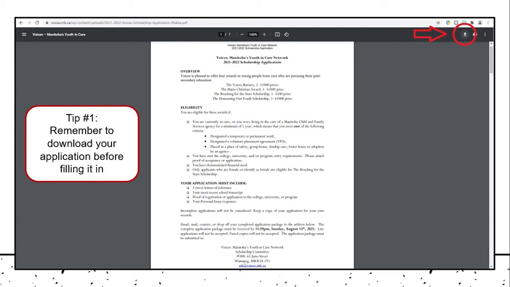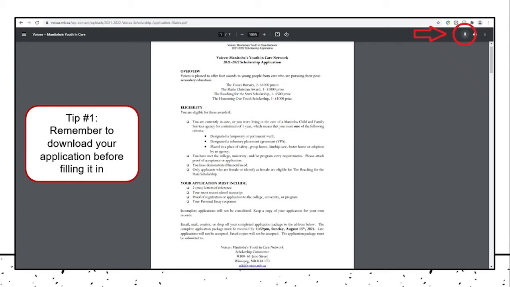With those different bursary and scholarship applications, sometimes they are fillable through the website. Sometimes they are a downloadable PDF that you need to fill in and submit. Specific to this Voices Manitoba Scholarship, you do have to download the application before filling in all your information.